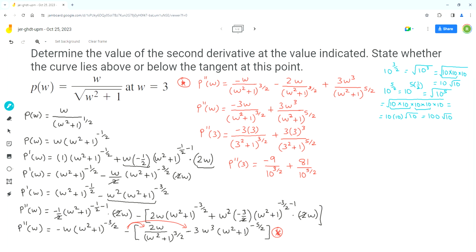So now we can do the substitution in the expression for the second derivative, because these simplified terms will make it easy to combine the fractions. So we can rewrite our second derivative as over 10.